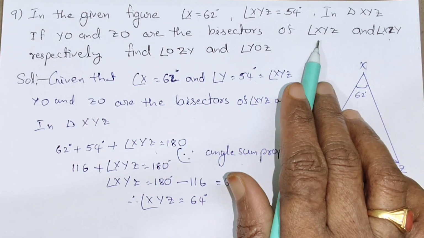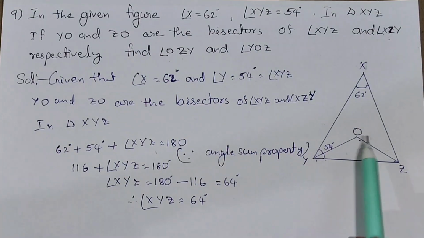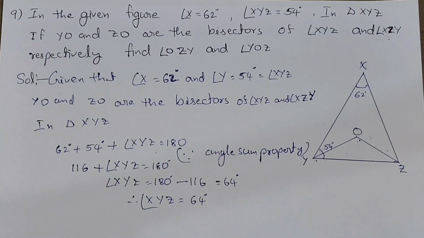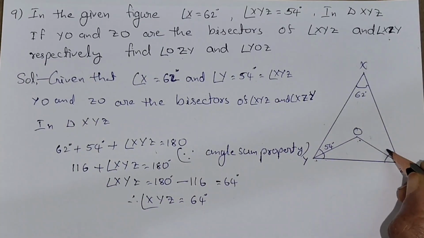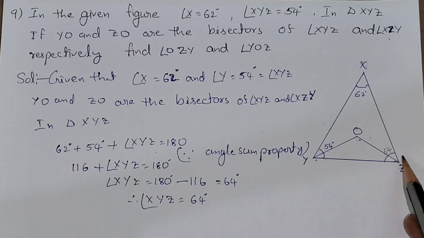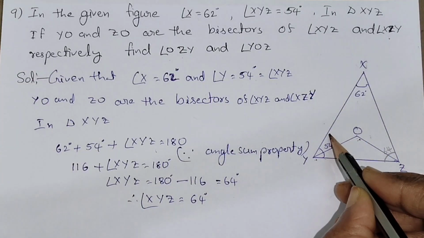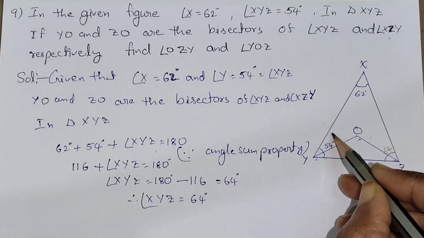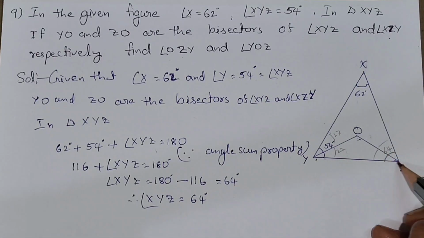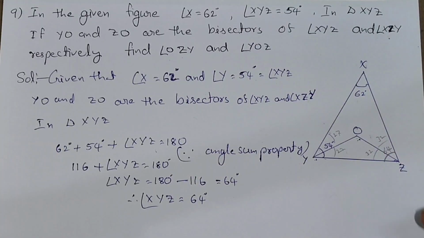The first one asked is OZY, and the second one asked is YOZ. This complete angle is 64. OY is the bisector of angle Y, and OZ is the bisector of angle Z. So 54 by 2 is 27, and here also 27. The other is 64 by 2, which is 32 degrees.